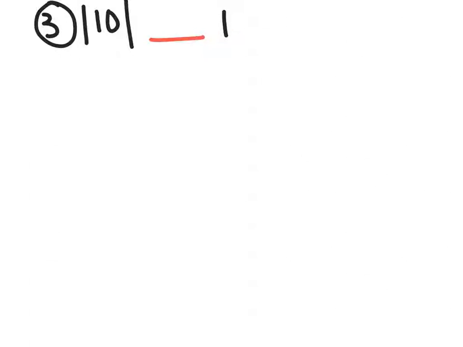So now let's try a couple more examples that are similar. Okay, number 3. The absolute value of 10 compared to 11. All right, so what symbol do you think belongs in there? Go ahead and take a minute.